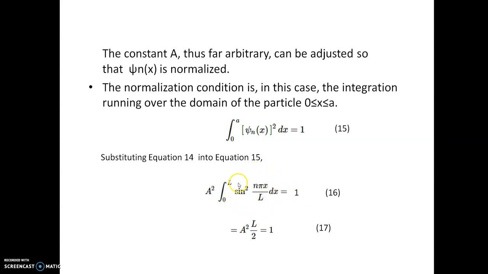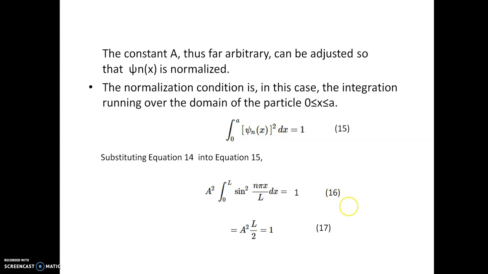You need to integrate this term, the integration of sin squared n pi x by L dx. How do you integrate? It is just a simple integration using the formula: sin squared theta is equal to what? It is (1 minus cos 2 theta) by 2.